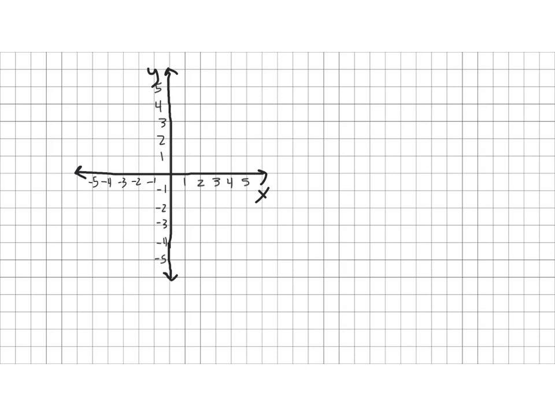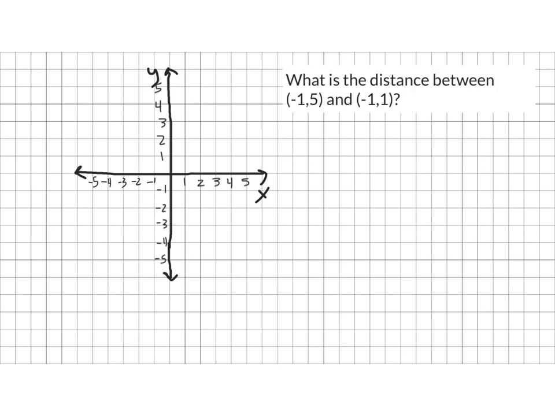All right, so let's set up one more graph. We are going to look at what happens when you have 2 points in the same quadrant. We're not going to spend as much time on it though. So let's say, what's the distance between (-1, 5) and (-1, 1)?